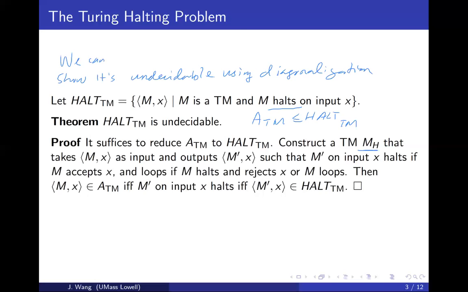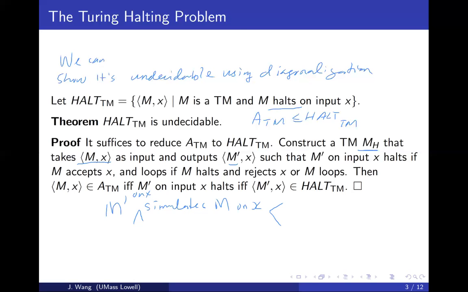That reduction is a Turing machine M sub H that takes an encoding of a Turing machine M and input X as input, and it outputs an encoding of a new Turing machine M prime and input X. M prime on input X halts if M accepts X. In other words, M prime on X simulates M on X.